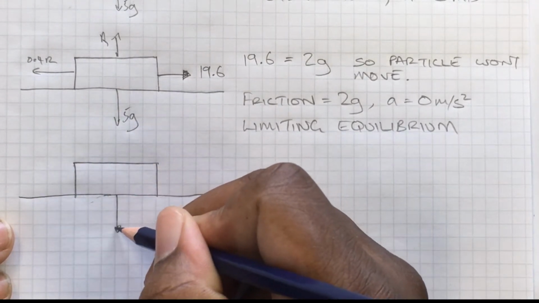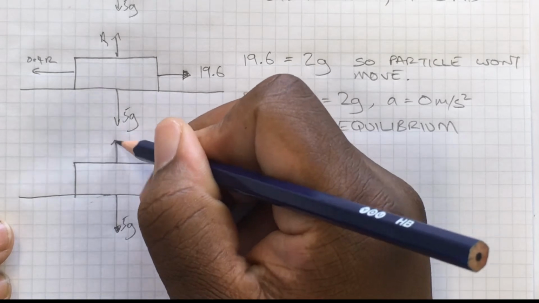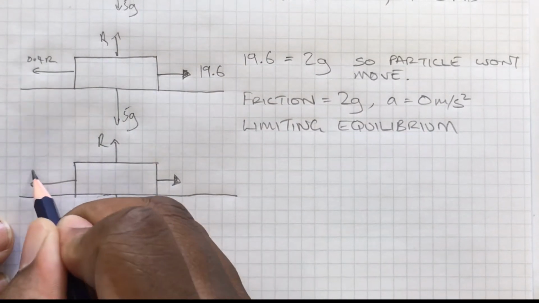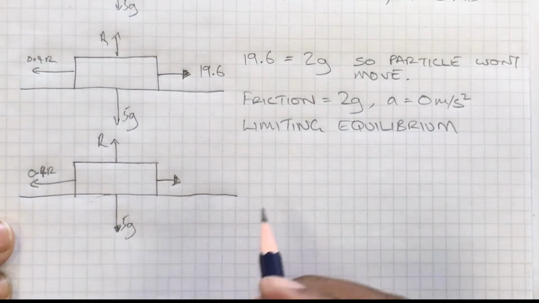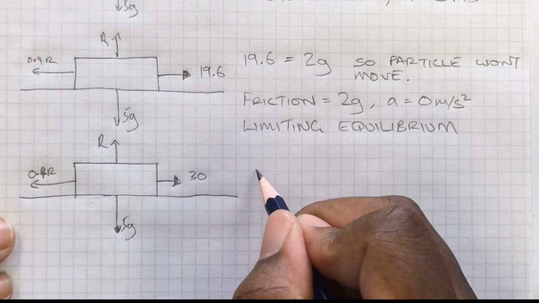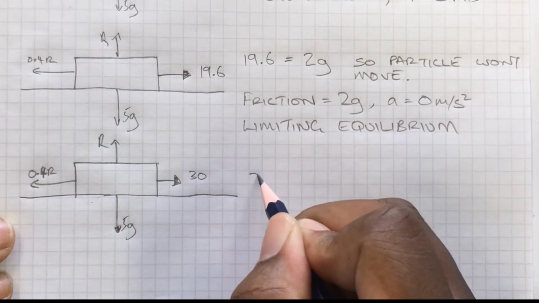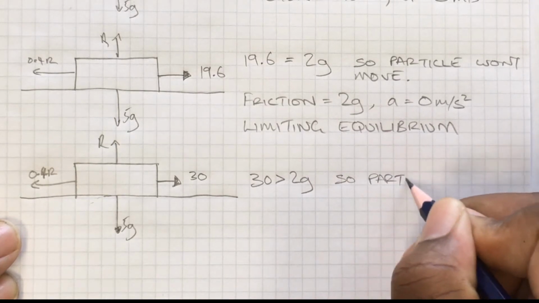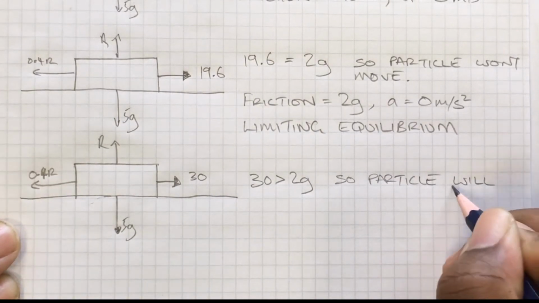Okay, and for completeness, let's do one where the object is in motion. All right, so as always, we'll put our forces on, our 5g and my reaction force. Let's increase this driving force. Let's make it 30 newtons. All right, so a quick comparison, the driving force and the maximum friction. 30 is larger than 2g, so this object is going to move. It's going to be in motion.